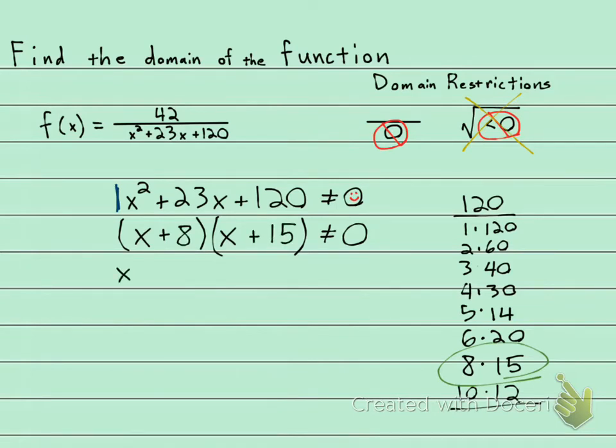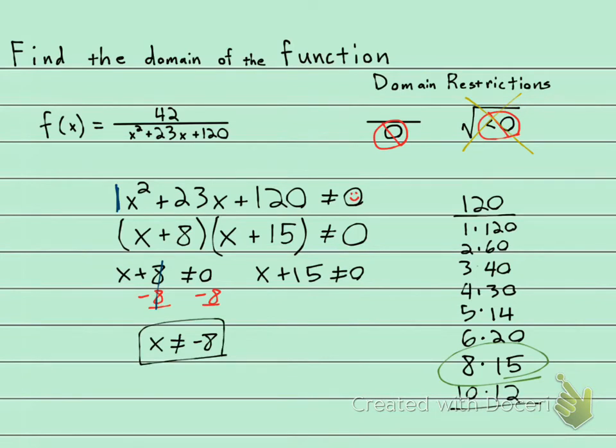Set both of your factors not equal to 0. x plus 8 can't be 0. x plus 15 can't be 0. So x cannot be negative 8.